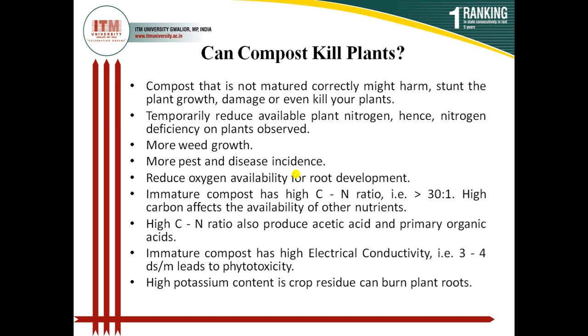Immature compost has a high C:N ratio, that is 30:1. Mature compost has between 10 to 15:1. But immature compost has a high C:N ratio, more than 30:1, and this high carbon affects the availability of other nutrients. A high C:N ratio also produces acetic acid and primarily organic acids.